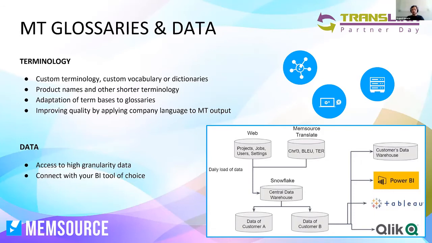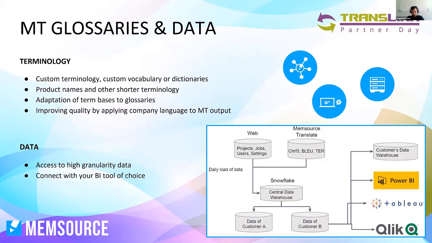So we also have that insight, access to different scoring measures for the output, which you can then use to backtrack what was happening and how the MT engine, just the generic one, performed, and recognize if that engine should then be replaced with a custom engine.